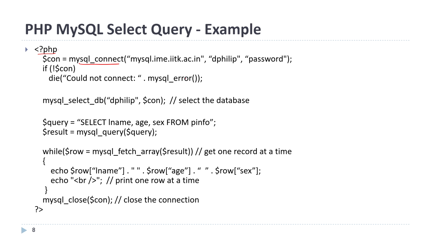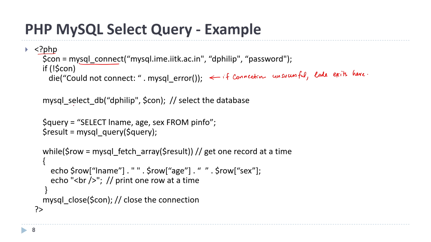Then I use the die statement and the code exits here if the connection is unsuccessful. It will leave out at this point. If not, then it goes to the next one.